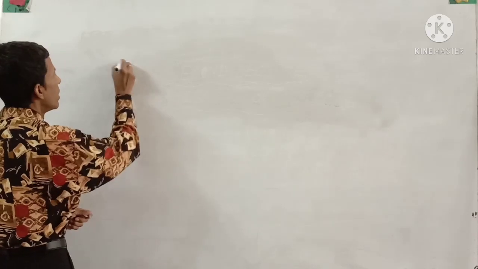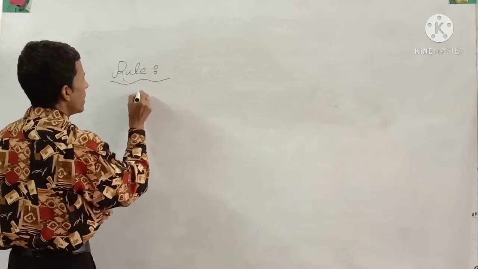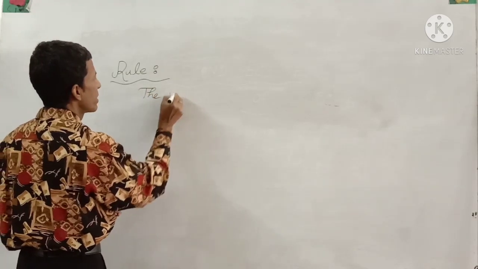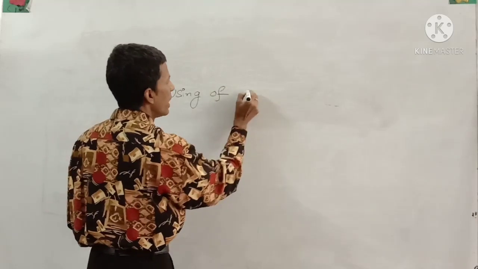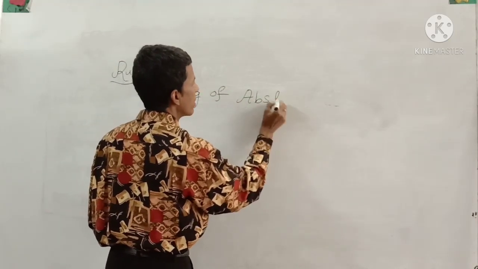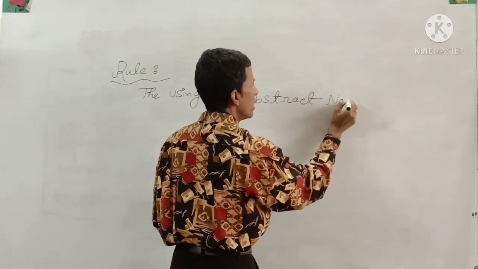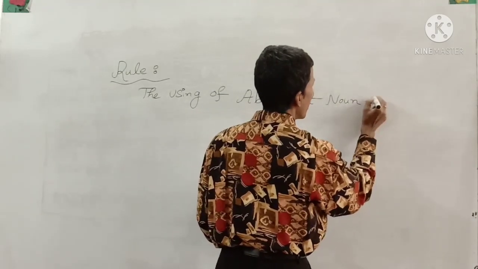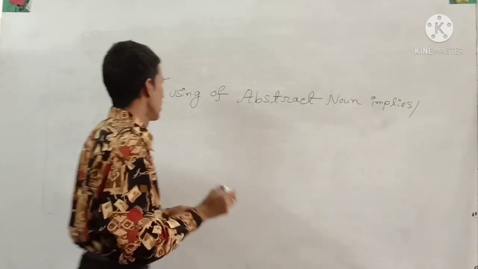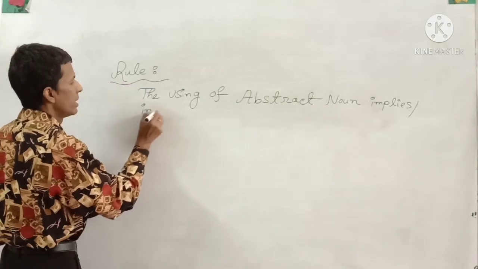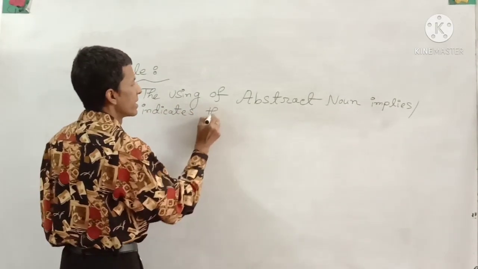Rule: the using of abstract noun implies or indicates the omission of articles.